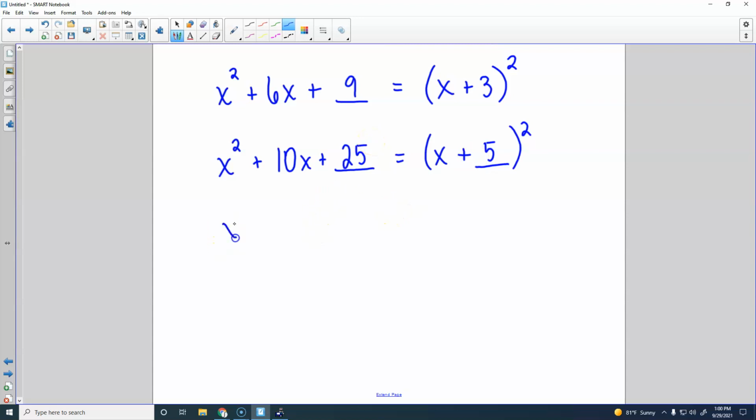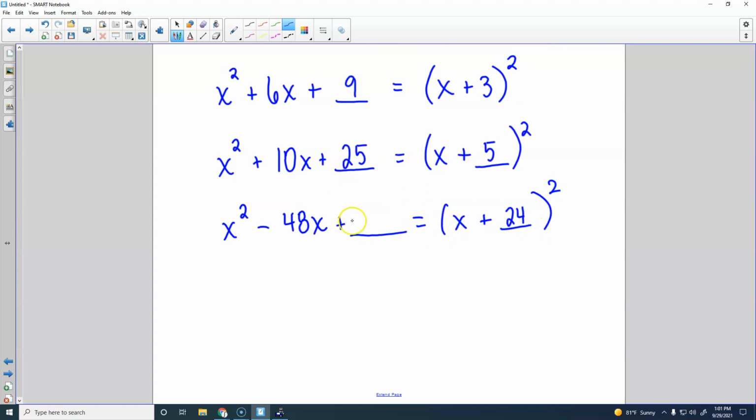So what about if I had x squared minus 48x plus blank equals x plus blank squared? Okay, where does the 24 go? It does not go right here inside of the square. It goes right here, because this part right here, 48, is your double. So you take half of it, that gives you the number that goes right here.